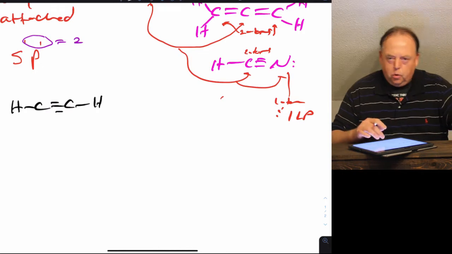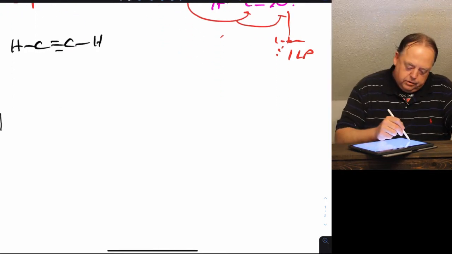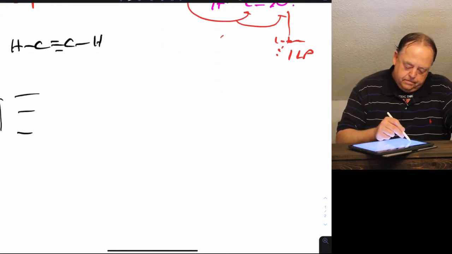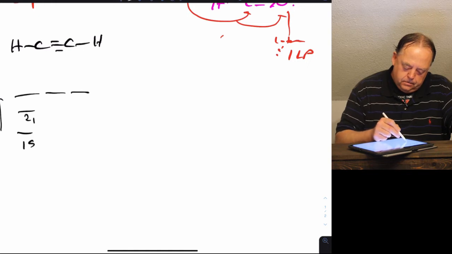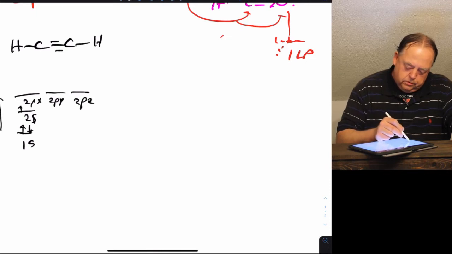So if we want to sketch what the orbitals look like, we go through the same analysis again: 1s2, 2s2, and 2p2.